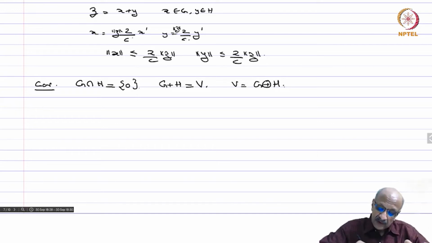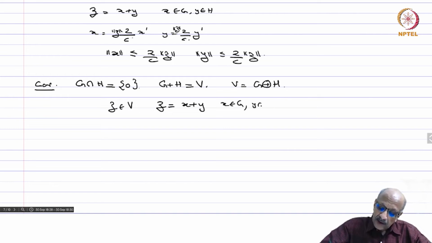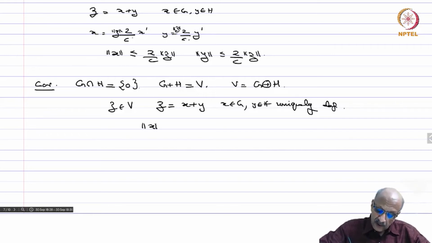So by the previous theorem, for Z in V, Z has a unique decomposition x plus y, x in G, y in H, uniquely defined, and you will have norm x less than or equal to C times norm Z, norm y less than or equal to C times norm Z. And these are precisely the projections from V.